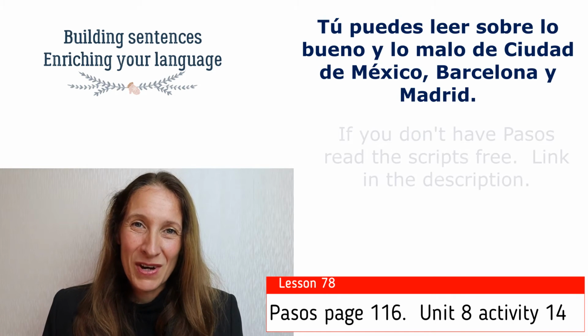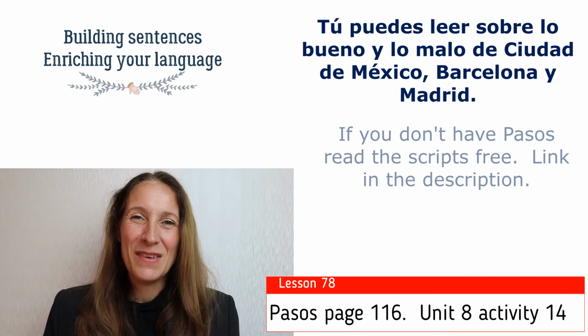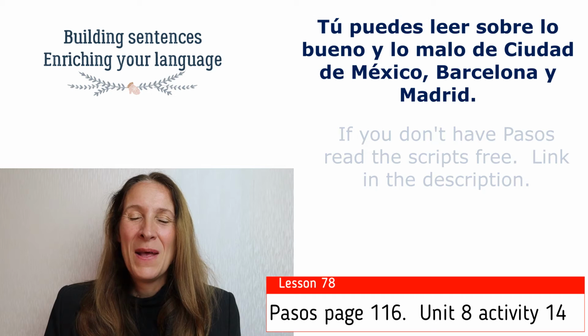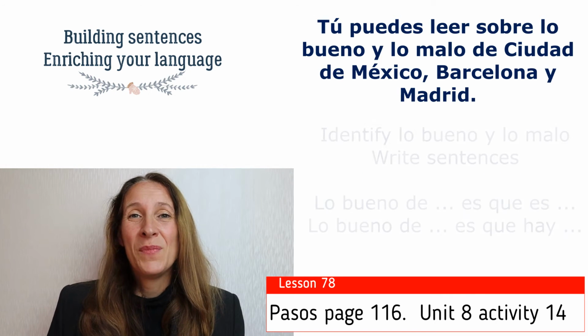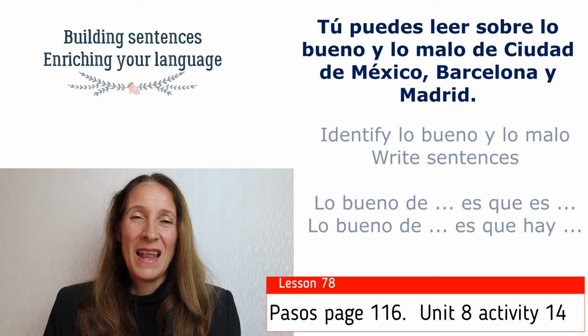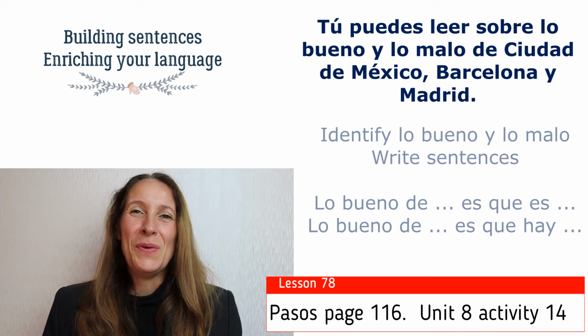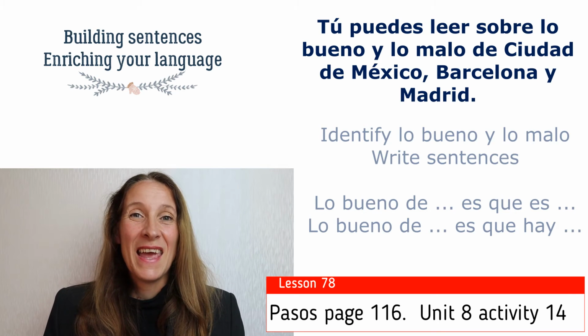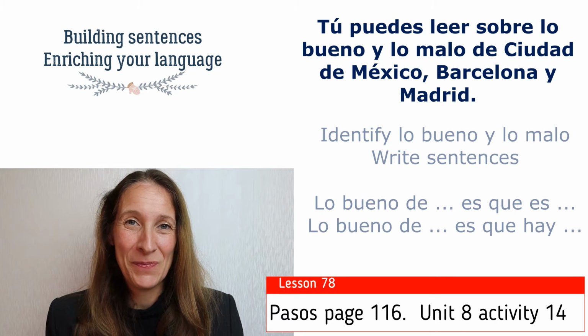You can download the transcripts, look for Unit 8, Activity 14. And then you can transform sentences from no me gusta la contaminación, I don't like the pollution, to lo malo es que hay mucha contaminación. Okay, so there's un ejercicio.